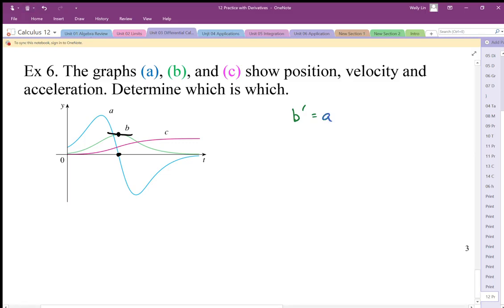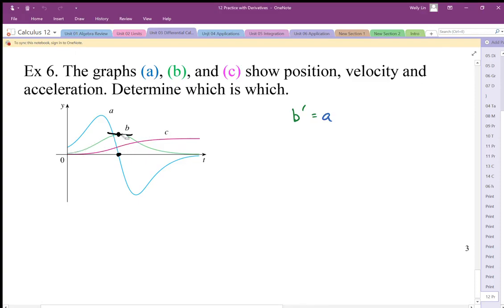Now we just have to determine: is c the derivative of a, or is it the antiderivative of b? If I take a look at c here, c is always increasing, so the derivative of this must always be positive. It starts with a slope of 0, and it increases, and it goes back to a slope of 0.